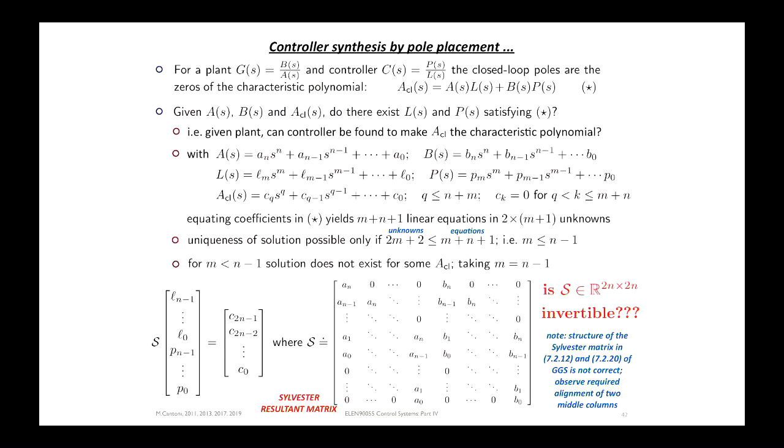They have no common factors, which is a standing assumption the whole way along, right? So in other words, you can always place the poles of the closed loop in arbitrary locations by solving this system of equations, provided your plant transfer function is expressed as a ratio of two polynomials that are co-prime.